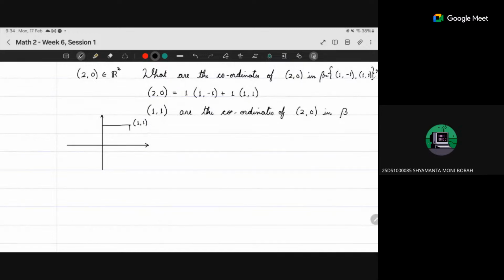So this is in the standard coordinate system. If I take an alternative coordinate system, this is also a coordinate system. This (1, -1) would be somewhere over here, and (1, 1) would be somewhere over here. Now, in this coordinate system, your axes are these red lines instead of your standard axes. So actually (1, 0) would be this red vector.